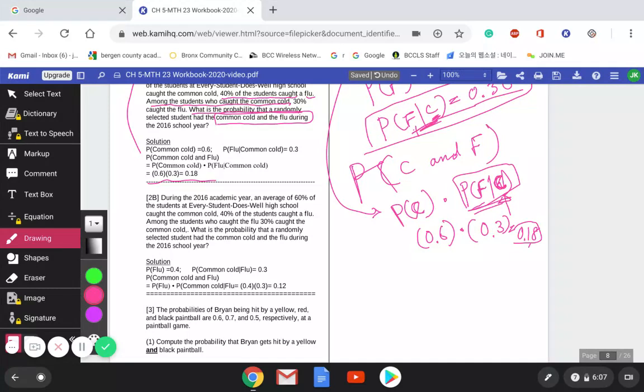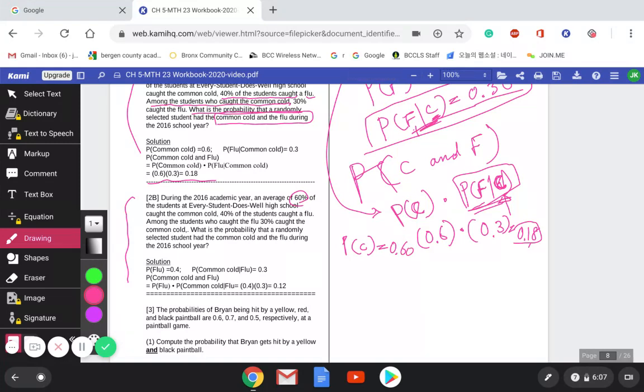Another example. During the 2016 academic year, an average of 60% of the students at Every Student Does Well High School caught a common cold. So in this case, the probability of common cold is 60%. And 40% got the flu.